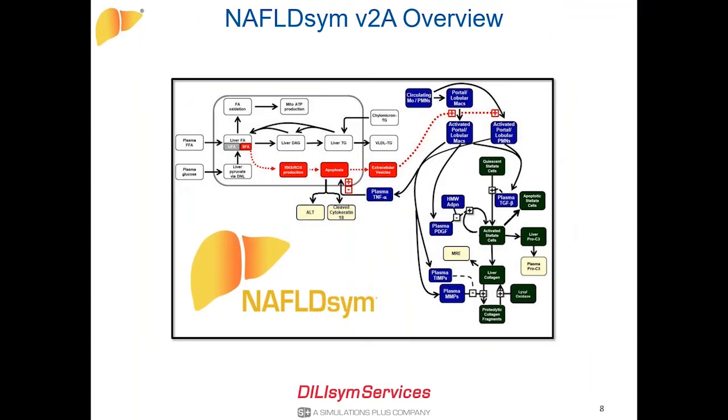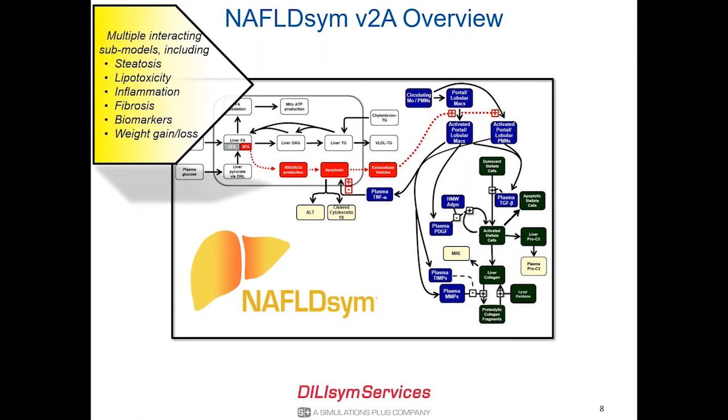The overview diagram of NAFLDsym is here, and it's somewhat color coded. You can see the nodes listed in white are those related to the steatosis pathways. Those listed in red are related to lipotoxicity. Those listed in blue are related to inflammation, and in green is the fibrosis submodel.